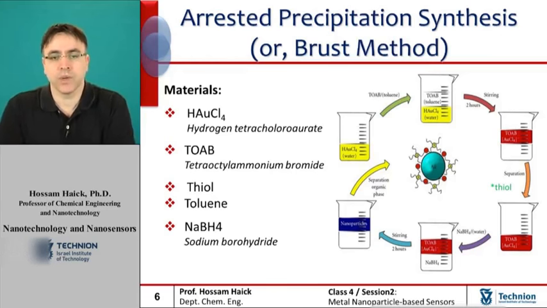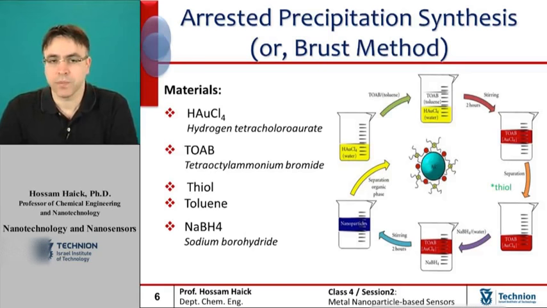These TOAB actually serve as a phase transfer agent from water to the organic solvent. And on the other hand, we use as a further ingredient sodium borohydride, which serves as a reducing agent for the reaction.